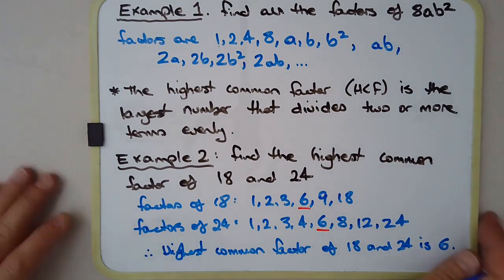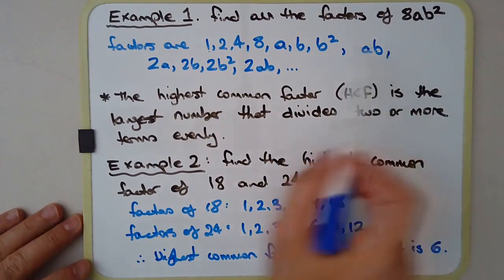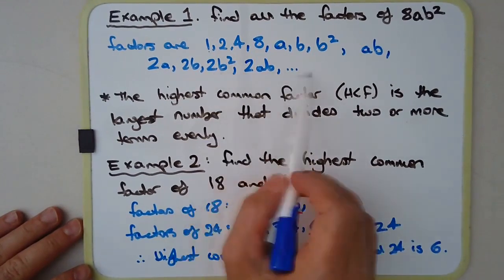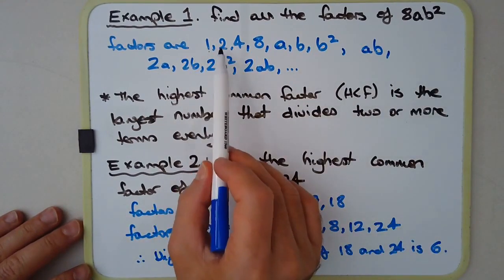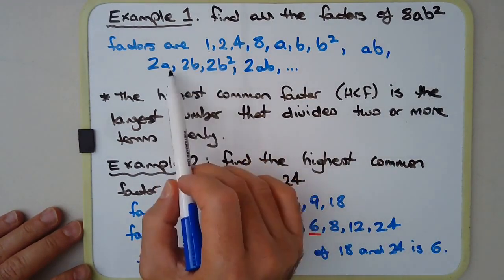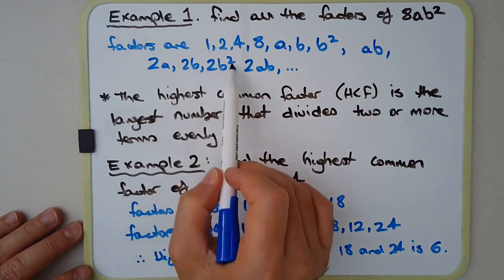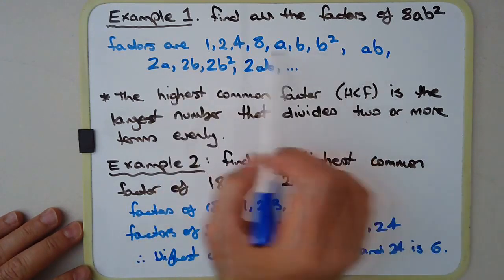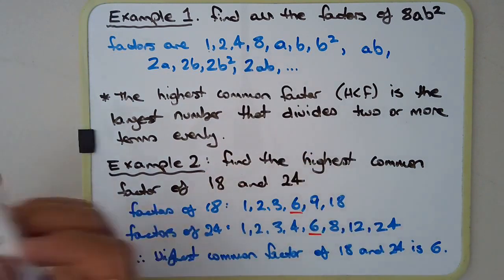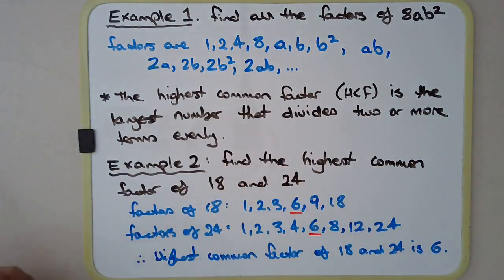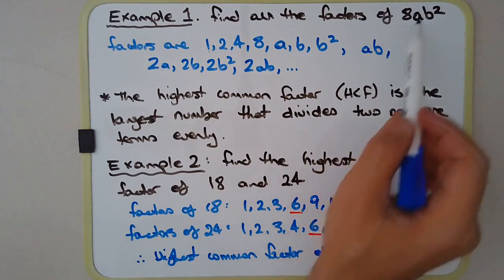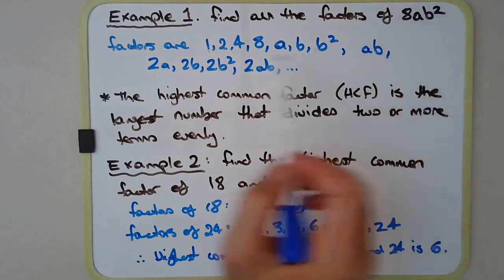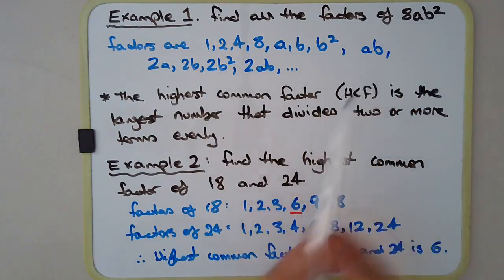There's actually quite a few, in fact. Then we can use combinations, and we can keep going and going. We can combine the 2 and the a, the 2 and the b, and the 2 and the b squared. Each of these can be combined with any of these numbers, multiplied together, and they're also a factor. Really, anything that can divide ab squared is a factor, and there's quite a few of them.